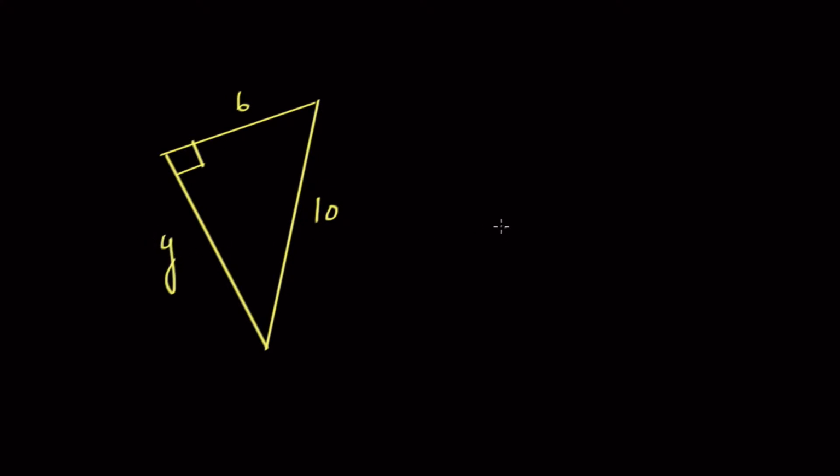I recognize this is a Pythagorean theorem problem, so the equation I'm going to use is a squared plus b squared equals c squared. Remember, a and b are just the legs of the triangle. The only thing I could mess up is the hypotenuse. The side opposite this 90-degree angle, I have to call c when I use the Pythagorean theorem.